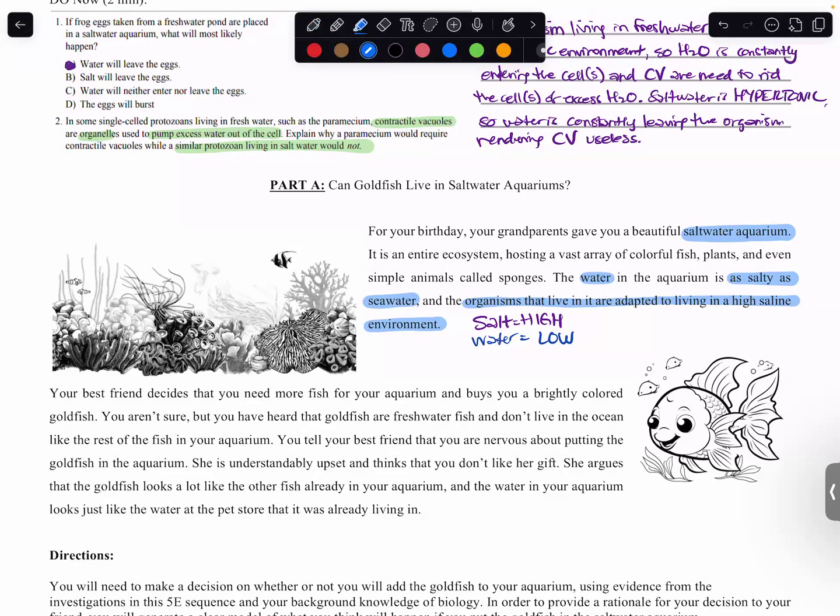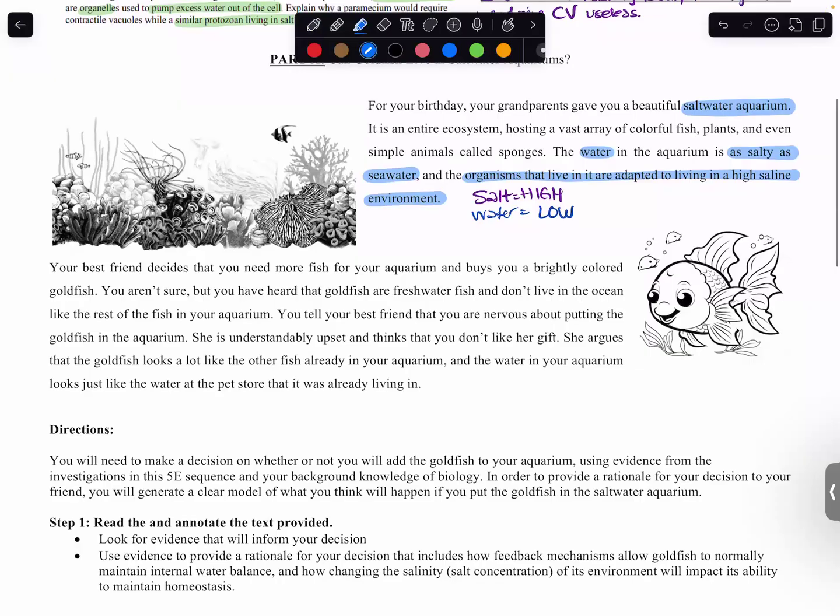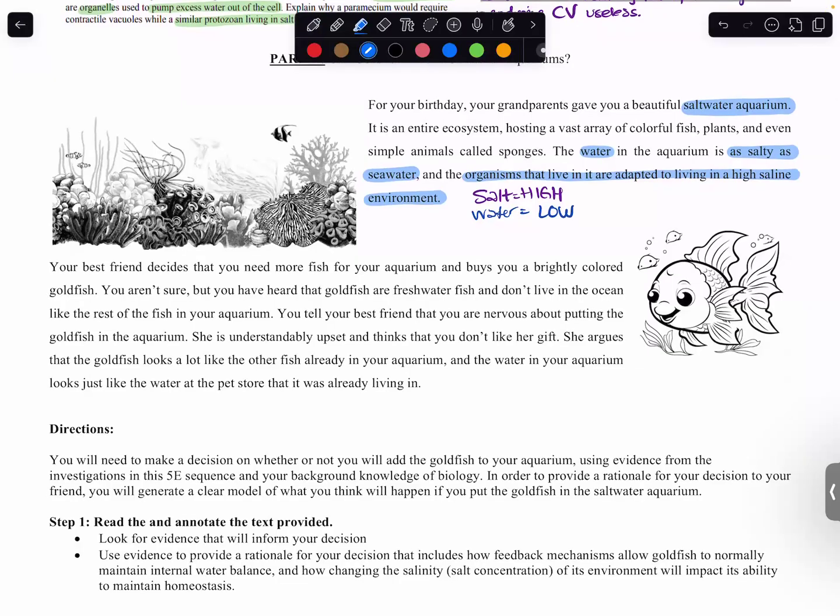Let's continue reading. Your best friend decides that you need more fish for your aquarium and buys you a brightly colored goldfish. You aren't sure, but you have heard that goldfish are freshwater fish and don't live in the ocean like the rest of the fish in your aquarium.